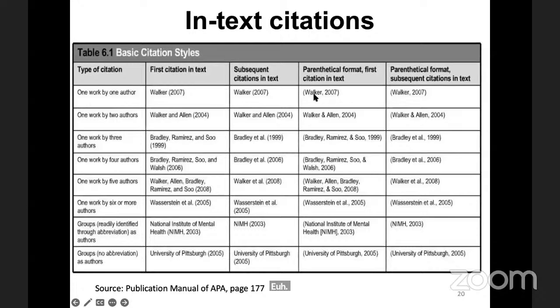You can write it like this in brackets, and the second time you can write it like this. However, for one work by two authors, it is almost the same. But try to understand that in most cases, the difficult part is when you have more than 4 authors. As we have already discussed, if you have one work by 3 authors, you need to write it like this the first time, but the second time you need to use et al.